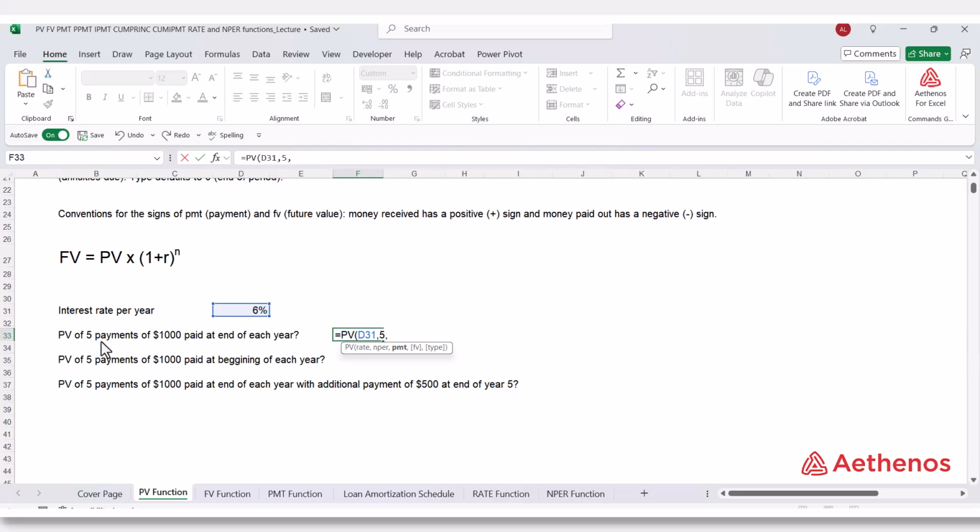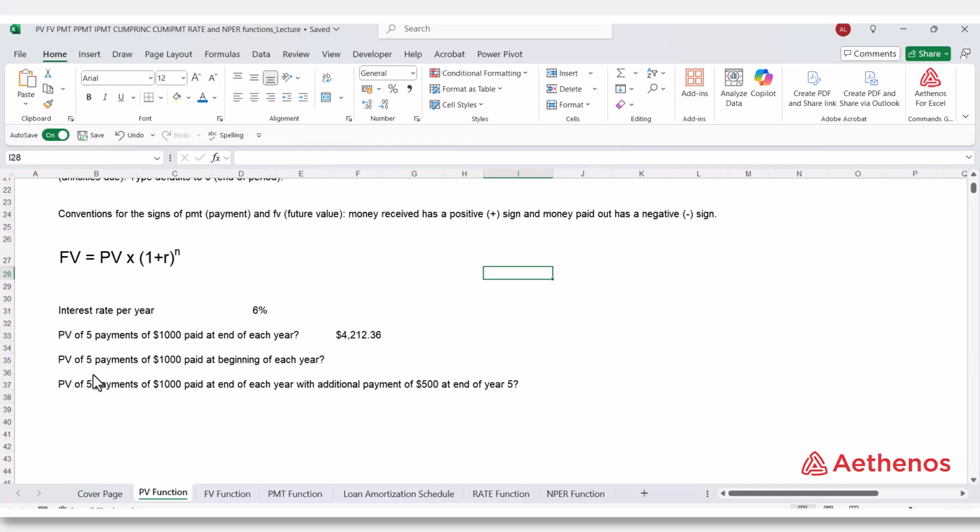The PMT, or the payment, is $1,000, and it's negative, so we put minus 1,000. Future value we are not going to have, so we put 0 there. The type is end of the period cash flows, so we use 0. We press enter and we get 4,212.36.